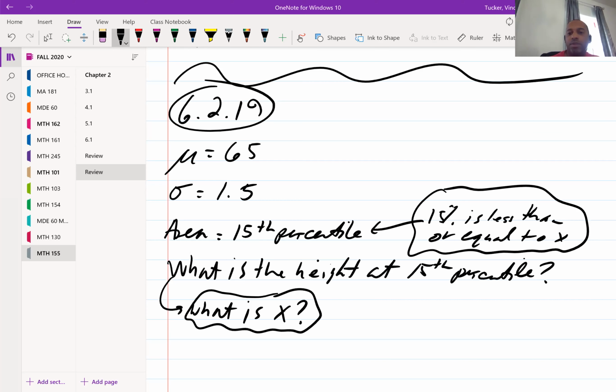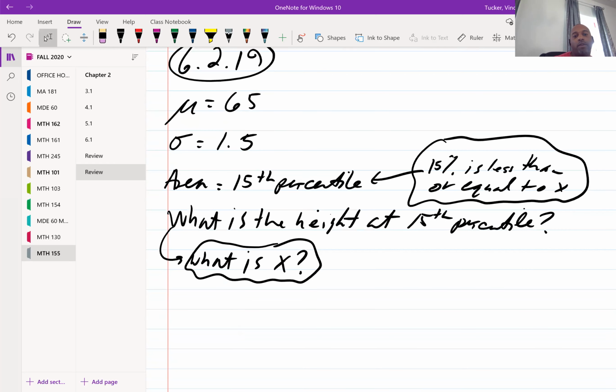That's why I switched computers, but I'm getting it in there. So the 15th percentile, remember, means that 15% of the data or 15% of the heights in this case is going to be less than or equal to the value in question, our X value. So they want us to find what is the height at the 15th percentile. What's the data value in question that marks the 15th percentile? In other words, what is X?